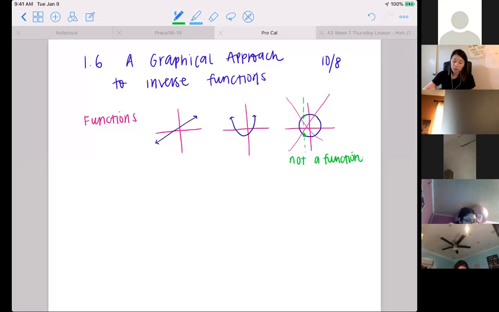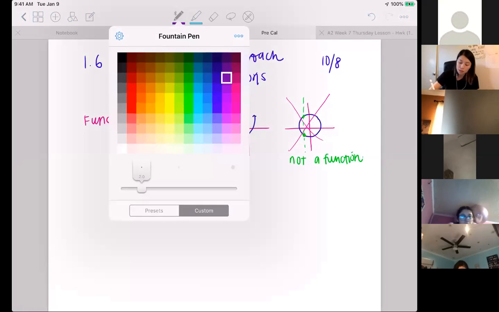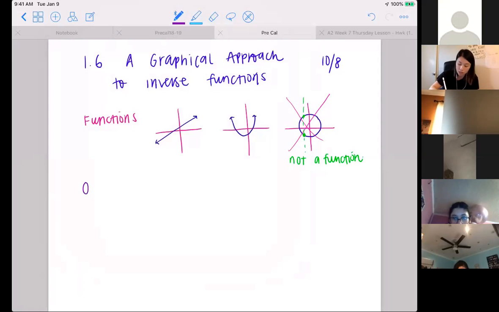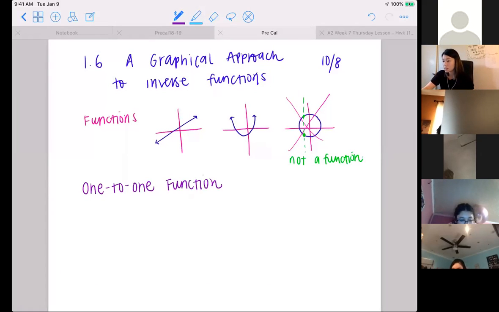So from here, there's also something called a one-to-one function. I don't know if you guys have heard of this back in Algebra 1. Has anyone heard of this? You guys can let me know in the chat.